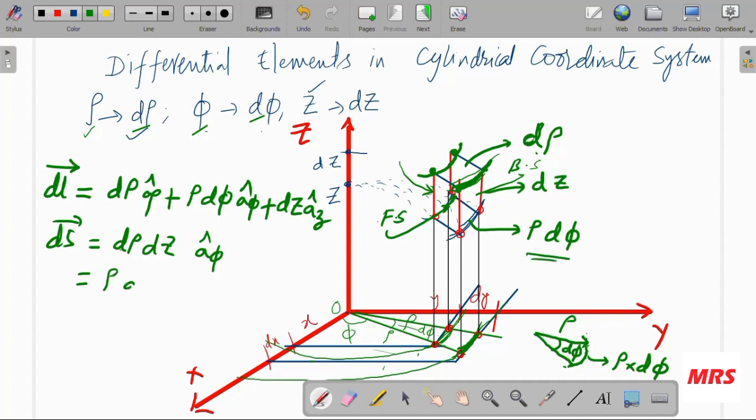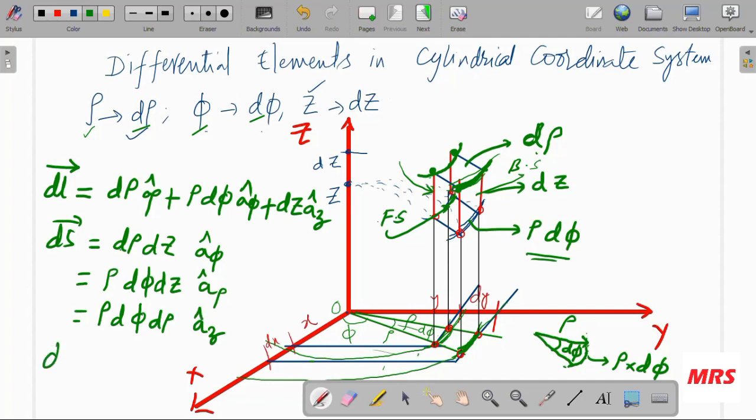So therefore rho d phi dz, which is perpendicular to a rho cap. Similarly, for the top and bottom surface, if you are seeing from the top, the plane lying in rho and the curved surface a phi cap. So when the curve is lying in rho and phi direction, the differential elements are rho d phi and d rho, which is perpendicular to a z cap.